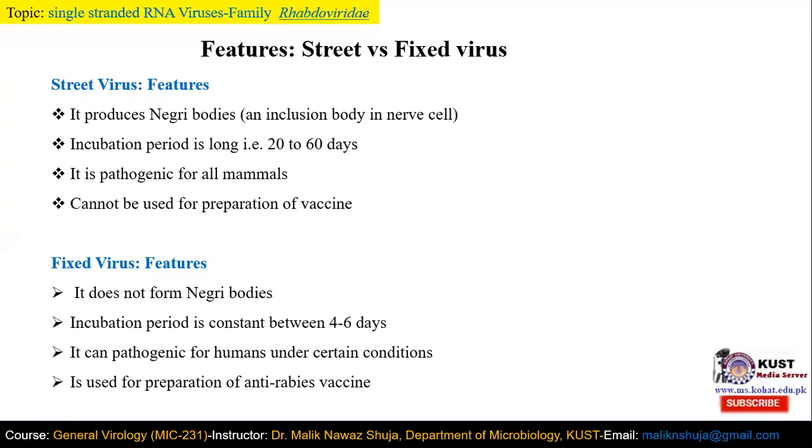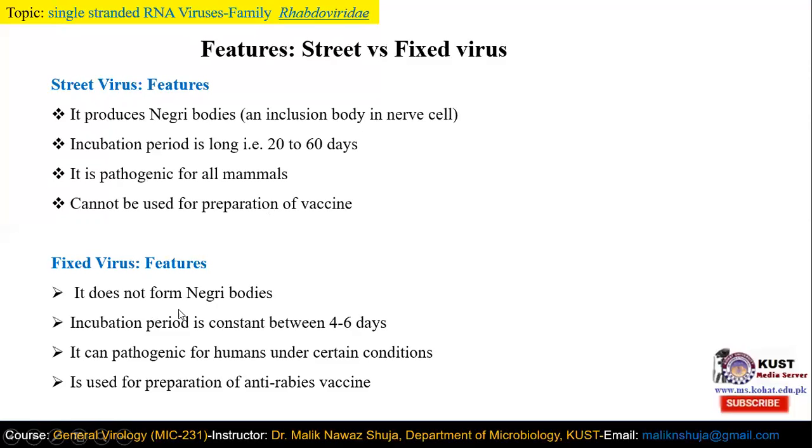Once we infect a person with street virus, the virus is in an active form and the person will become the patient and the virus will start its propagation. So street virus cannot be used for the development or preparation of vaccine.